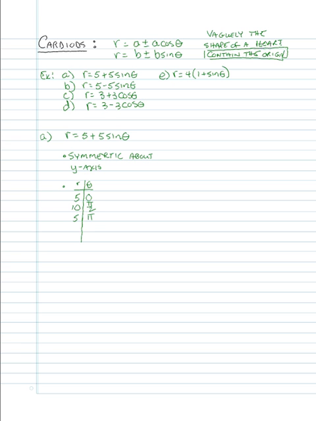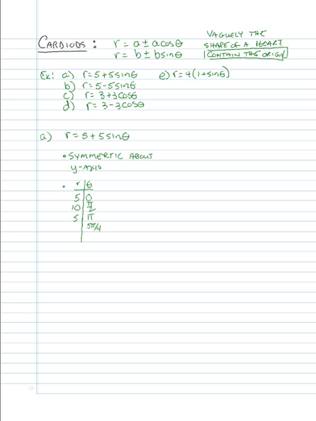Now I'm going to change things up a little bit. Let's let theta be 5 pi over 4, just to mix things up a bit.